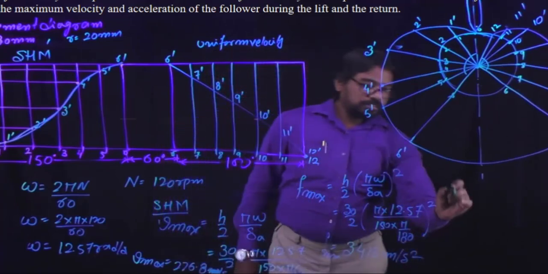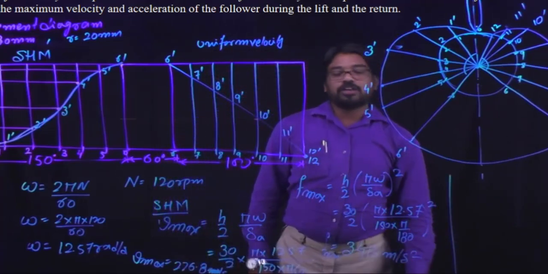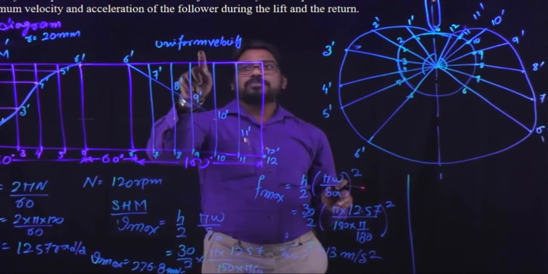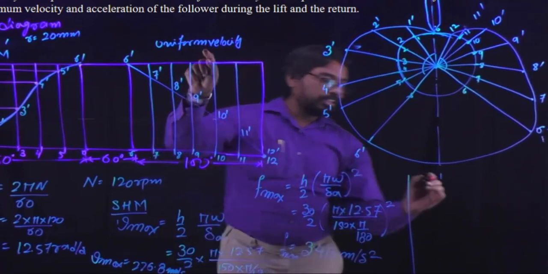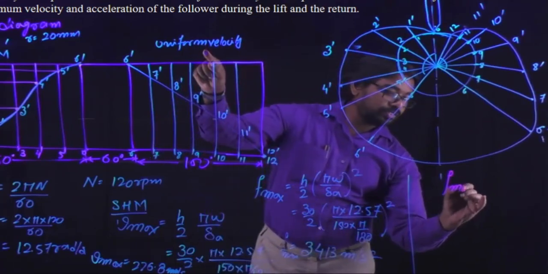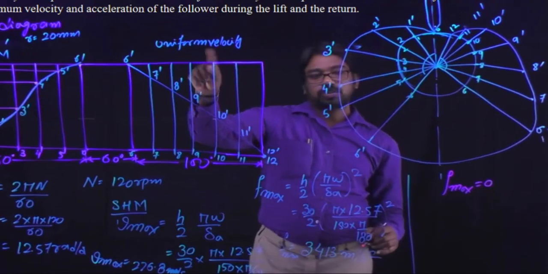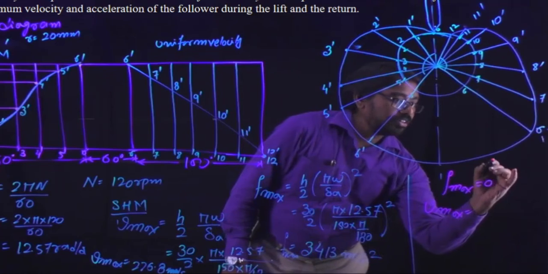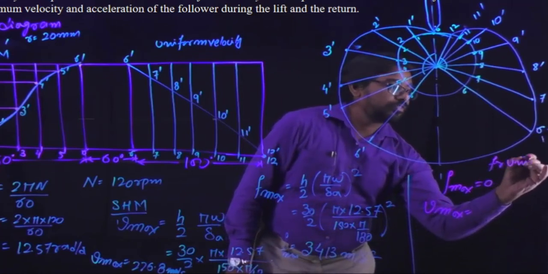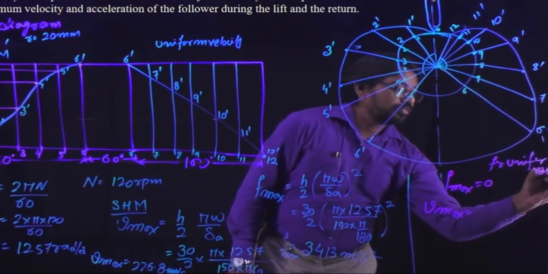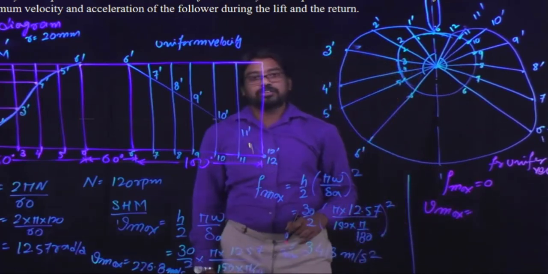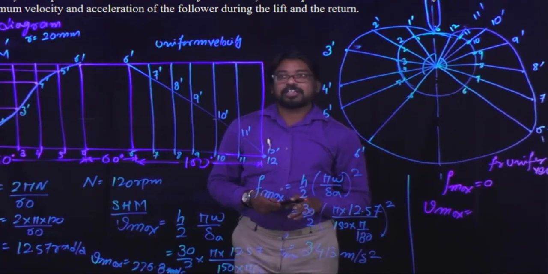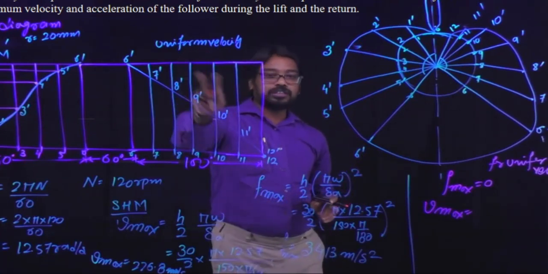Now to find the maximum velocity during the return for the uniform velocity. Whenever we have uniform velocity, we know that the acceleration is 0, so F max in this case is 0. We only have to find the V max for uniform velocity during the downward period.